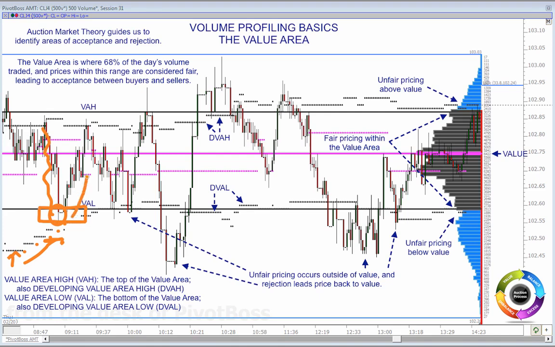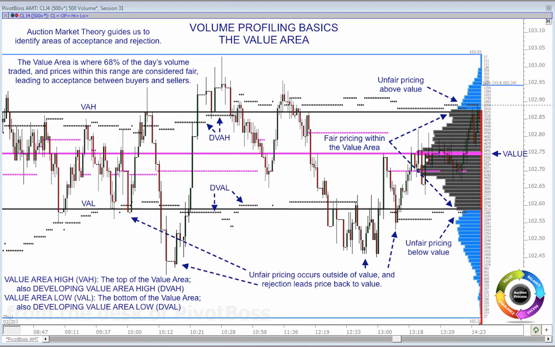The computers are programmed to buy that already for a move higher, back to value. And then it worked this time. So when it comes back, what do you think is going to happen again? It's going to work again, back to value and back to the top of value.